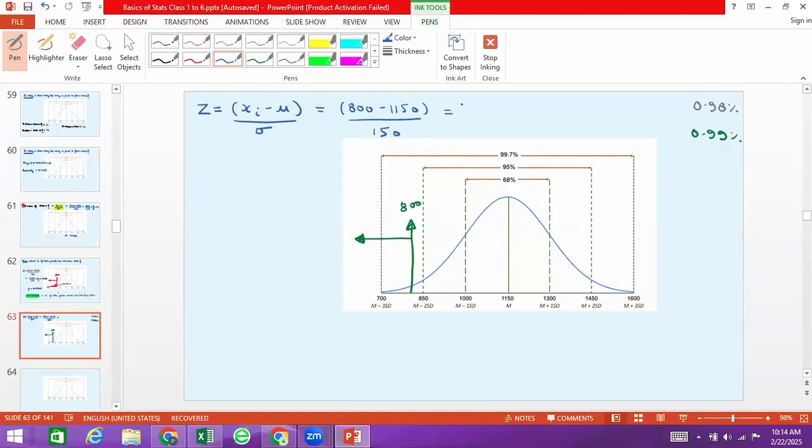So it will be minus 350 divided by 150. It will be minus 7 by 3, so it will become minus 2.33. Okay.